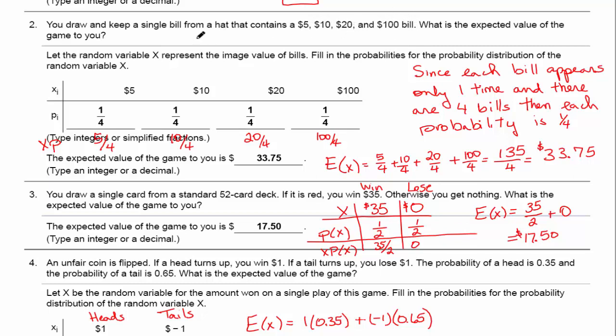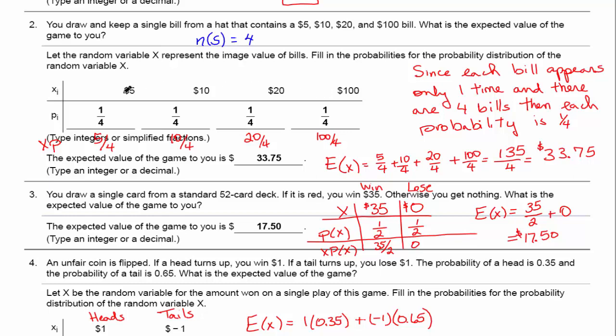So the number of things in the hat in my sample space is only 4. So my distribution consists of the values that x could be if I reach in and grabbed that particular bill.